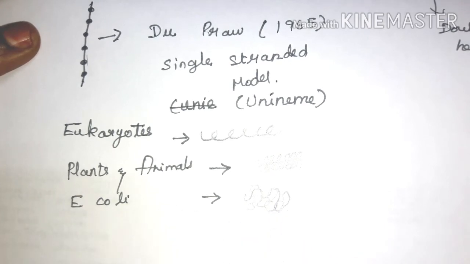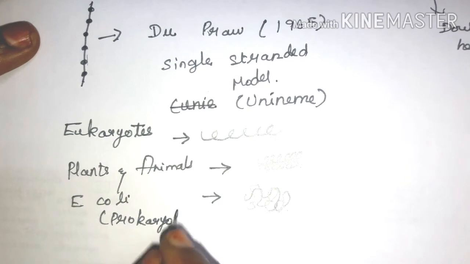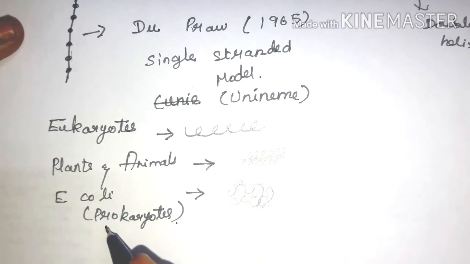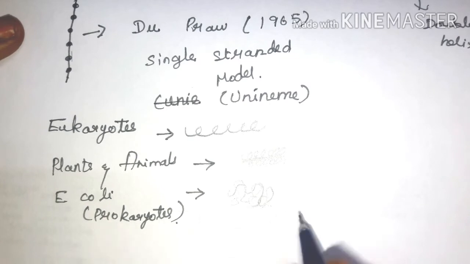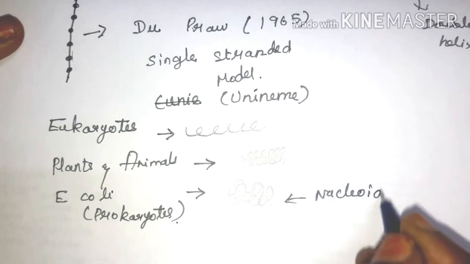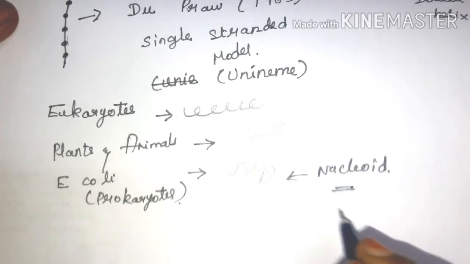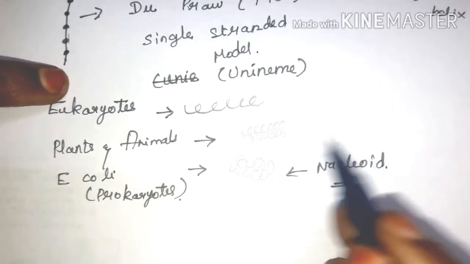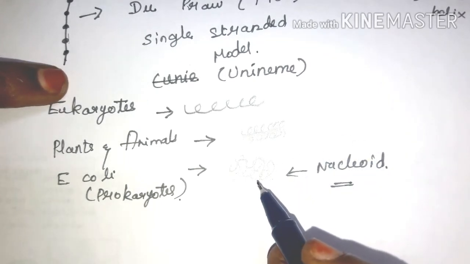They are said to be prokaryotes. They do not have a definite nucleus, so they are said to be nucleoid. No definite nucleus, it's said to be nucleoid.